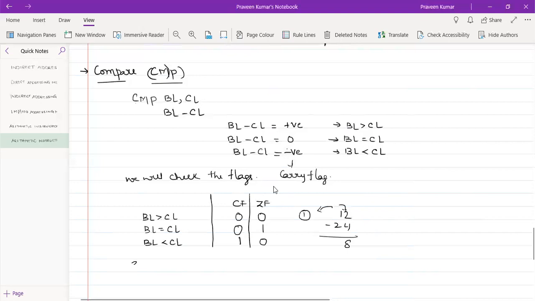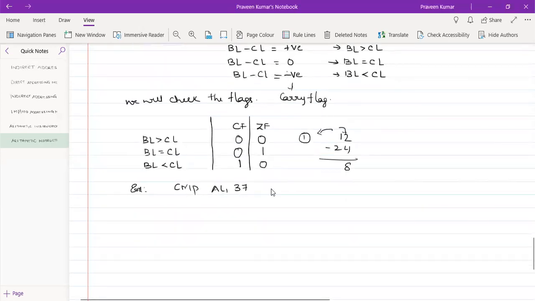For example, if I compare AL with 37: if ZF is equal to 1, then AL is equal to 37.